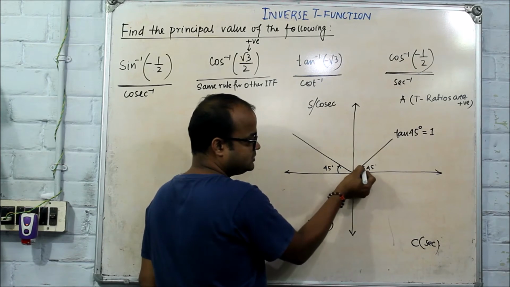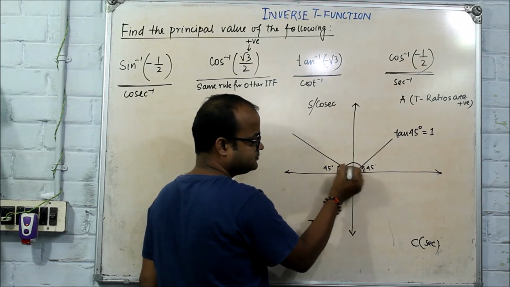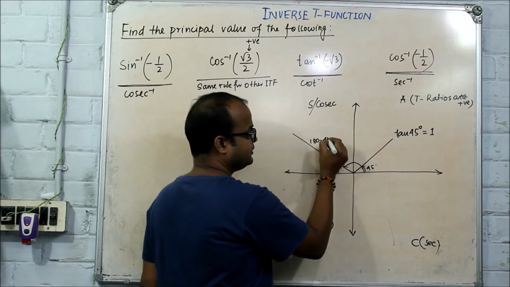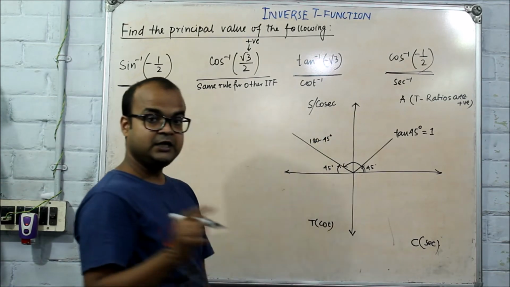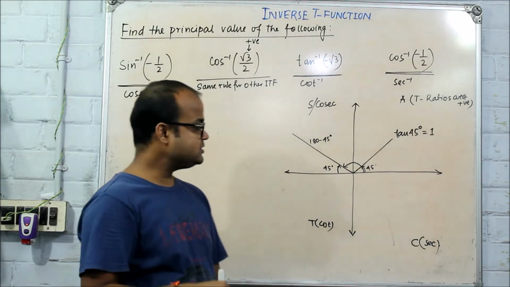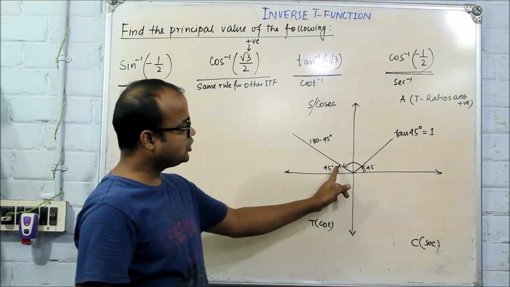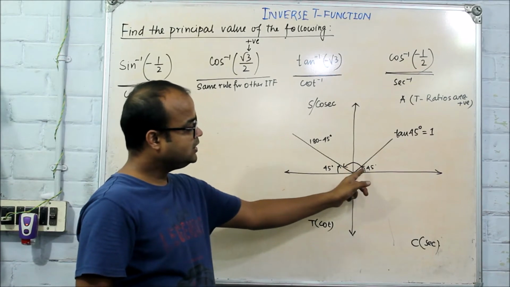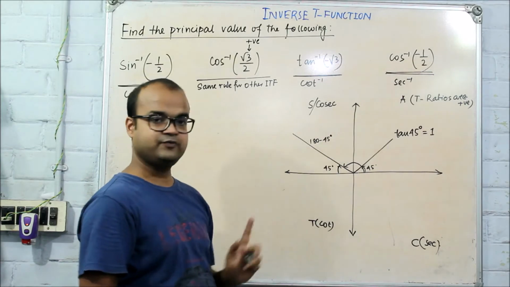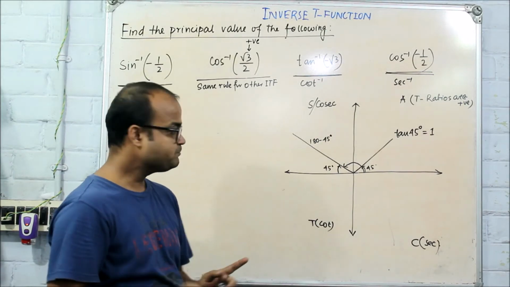That means this angle is 180 degree minus 45 degree. We generally calculate the angle in the anti-clockwise sense. So this is 45 degree in the clockwise sense, and this will be the angle in the anti-clockwise sense, that is 180 degree minus 45 degree. Am I clear?